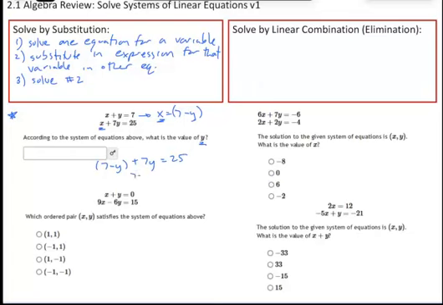So here we get 7 minus y plus 7y is equal to 25. You don't really need the parentheses step since there's nothing to get rid of. If we combine our terms, a negative y and a positive 7y gives us 6y. I'm going to subtract the 7 from both sides, and that gives 18. Divide by 6, and we get y is equal to 3.